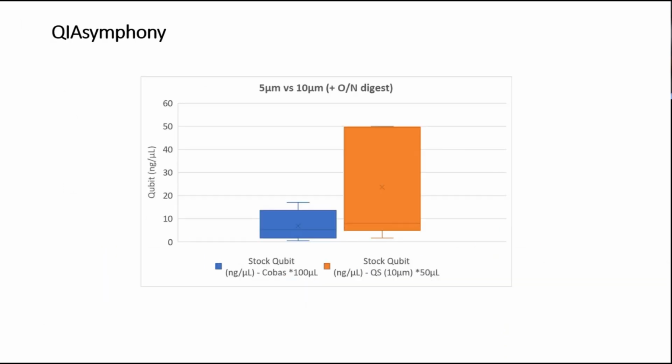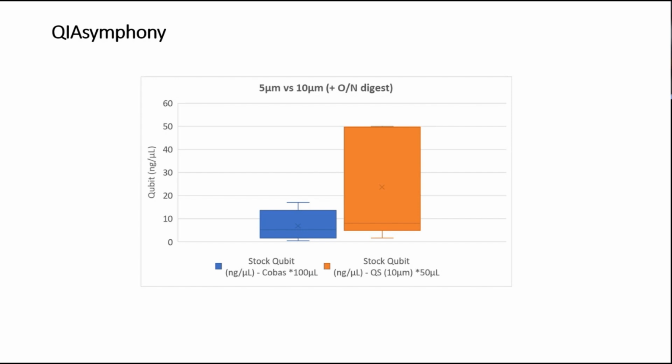So what we've done is some further optimization, and we've looked at different lengths of digestion of the samples and different lengths of time of removing the paraffin wax. And what we've shown is that if we go for a slightly higher input of material, we get a much better output and a higher concentration of DNA coming out.